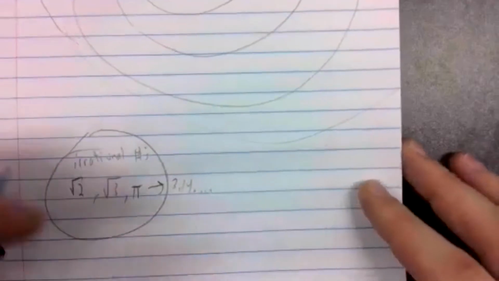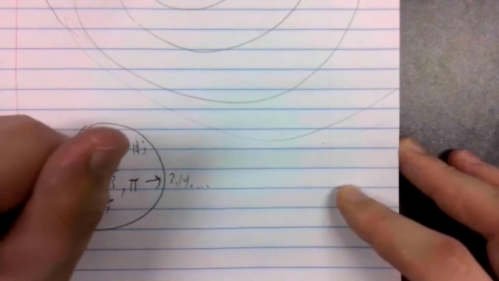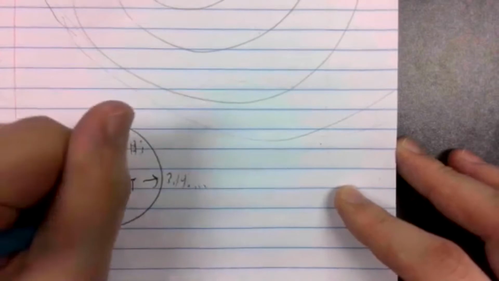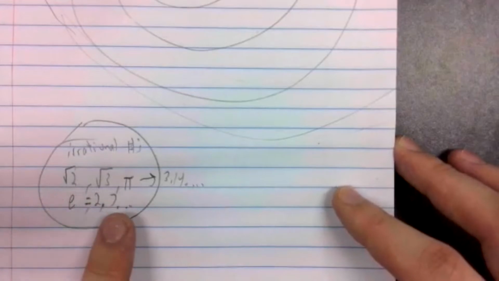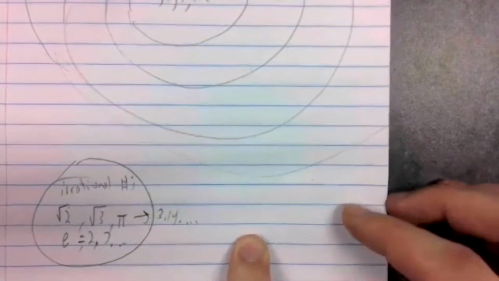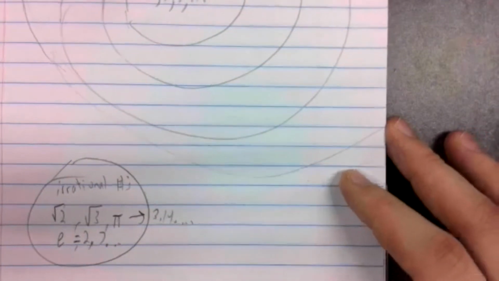Another one you might be familiar with is e, that's Euler's number, and that's like 2.7 something, right? And that goes on and on forever. So your irrational numbers are numbers that are non-terminating, so basically they go on and on forever, and they're also non-repeating, so we don't repeat the exact same thing over and over again.